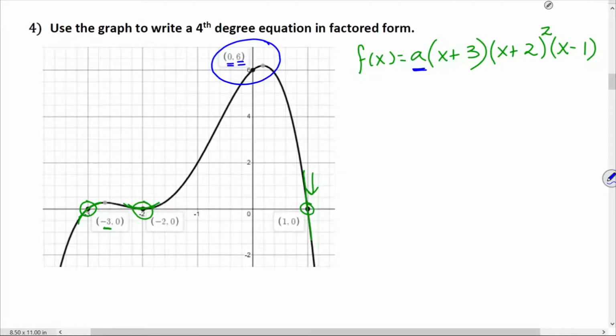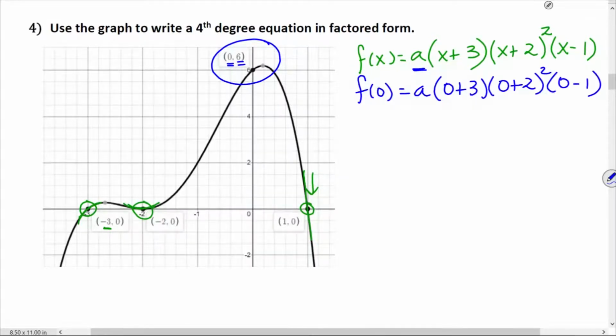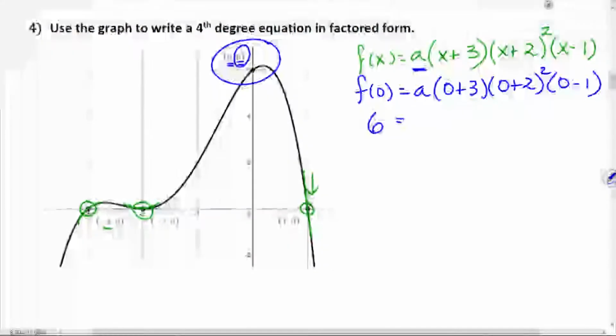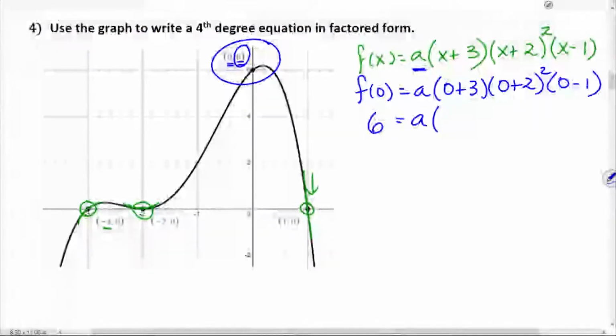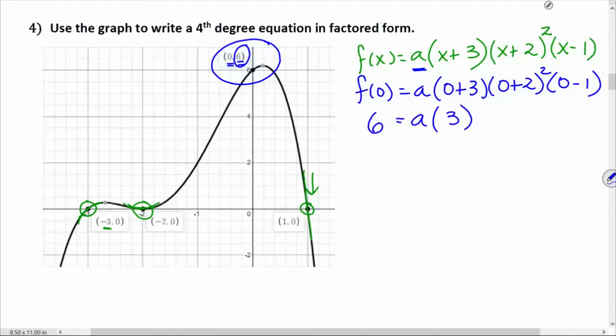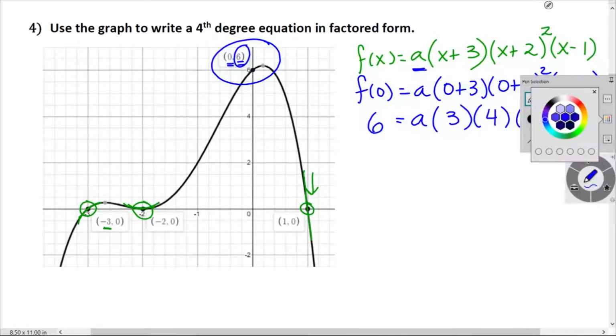So I'll first plug 0 into all of my x terms. When x is 0, then y must be 6. Simplifying a little bit, 0 plus 3 is 3, 0 plus 2 is 2, 2 squared is 4, and 0 minus 1 is negative 1.